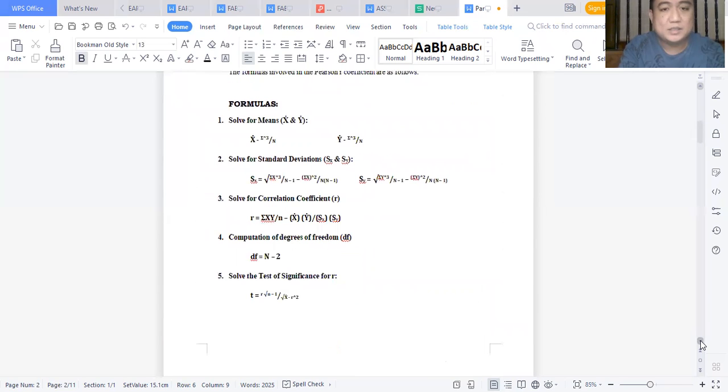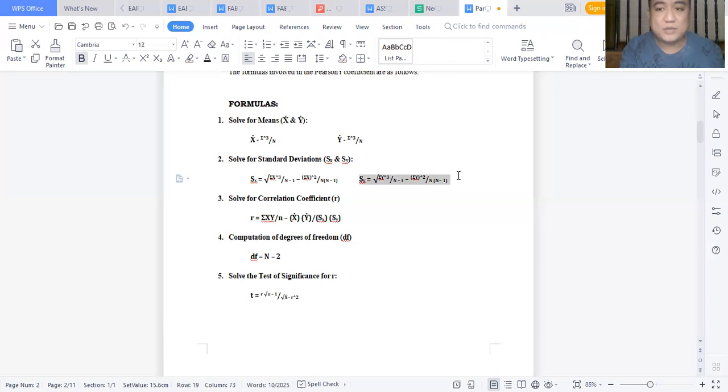For the standard deviation of x, square root of summation of x squared divided by n minus 1, minus open parenthesis, summation of x, squared, divided by n, open parenthesis, n minus 1. For the standard deviation of y, you only need to substitute y.